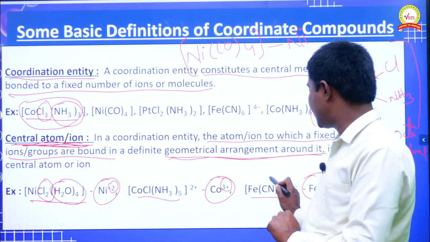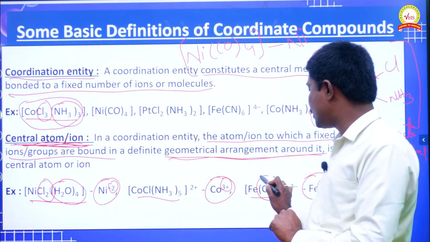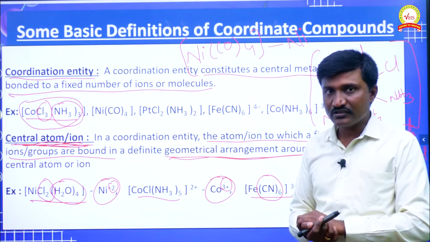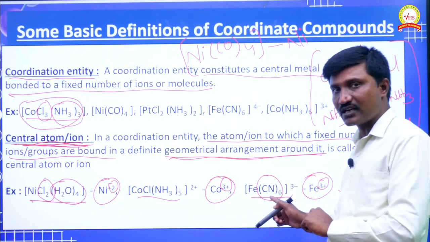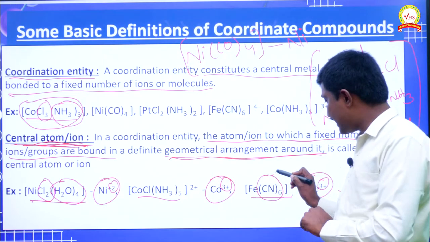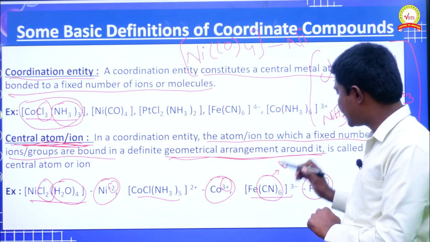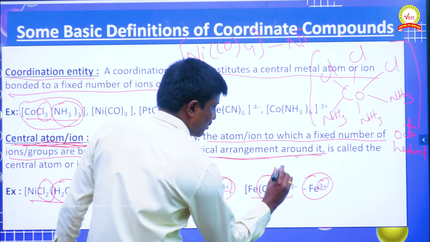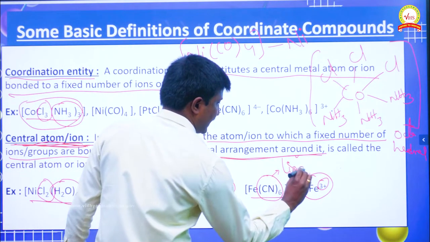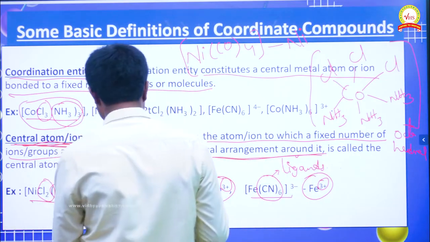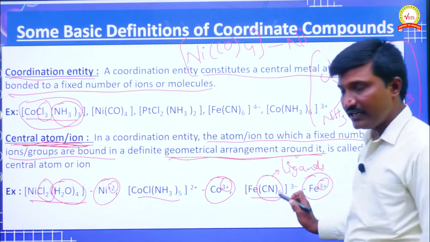For example, in this, 6 cyanide negative ions are going to bind with iron. Since 6 cyanide ions bind with iron, these 6 cyanide ions we call ligands.